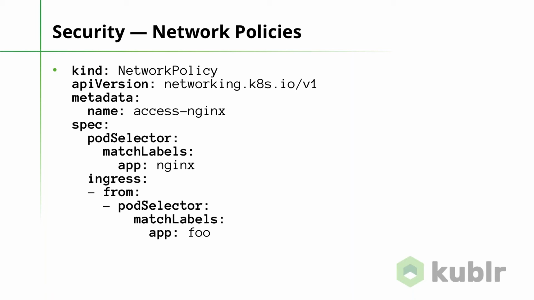And in 1.8, there is a new section called egress, and it will allow you to configure whether my Nginx can go to foo or cannot go to foo. By default, you can deploy a default network policy which says, I want a very secure deployment. I don't want anyone to communicate with each other in my cluster.